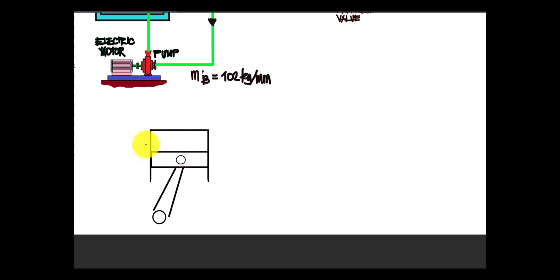So initially, we have entering, we have your intake valve and your exhaust valve. We have the mass flow rate entering here. So I'm going to write here your mass flow rate, this will be the mass flow rate of ammonia.